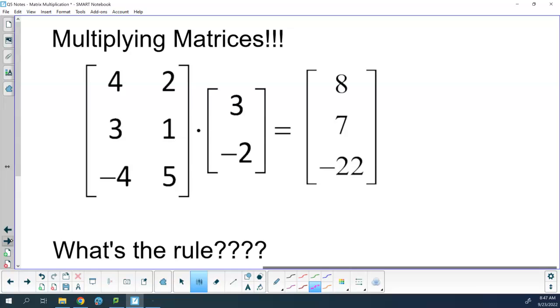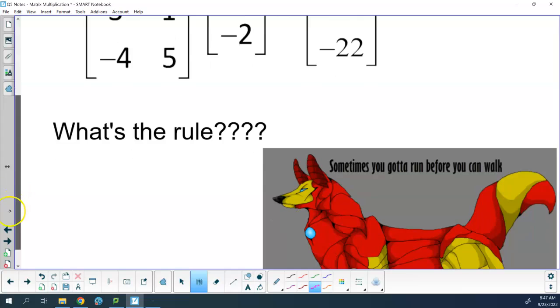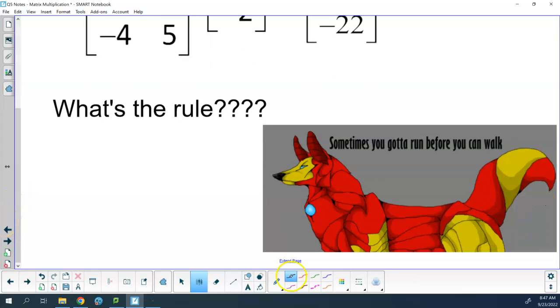So the rule is this. Everything in matrices, we learned this the other day, you probably didn't even know you learned it. The rule in matrices is always rows by columns.